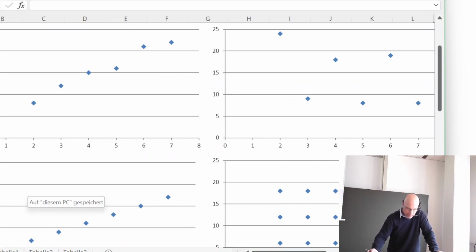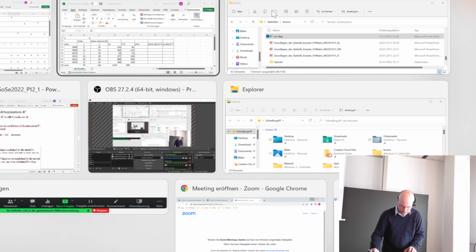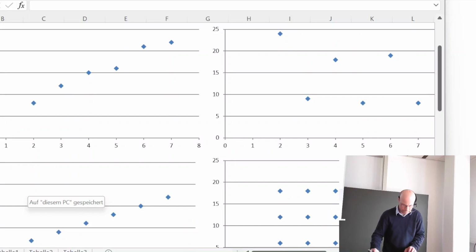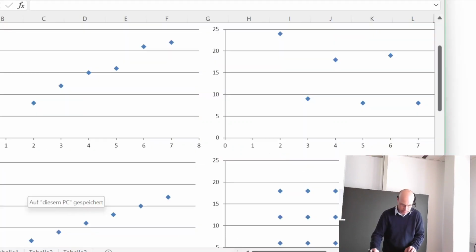So this is the data I took. Do you see it already? Almost. Then I have to move it a little bit.